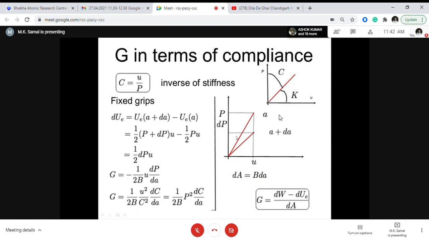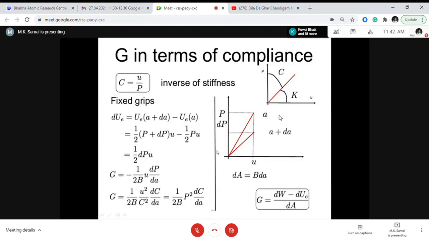So you know that, suppose this is the load displacement curve. If the crack is of length A, and you are pulling it, then you have a higher stiffness. If the crack becomes A plus delta A, then stiffness becomes lower, because the stiffness of the system depends upon the remaining ligament or area.